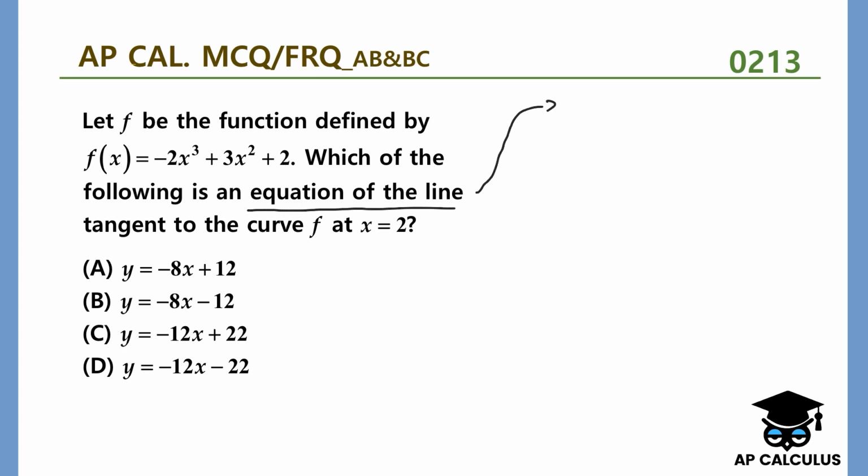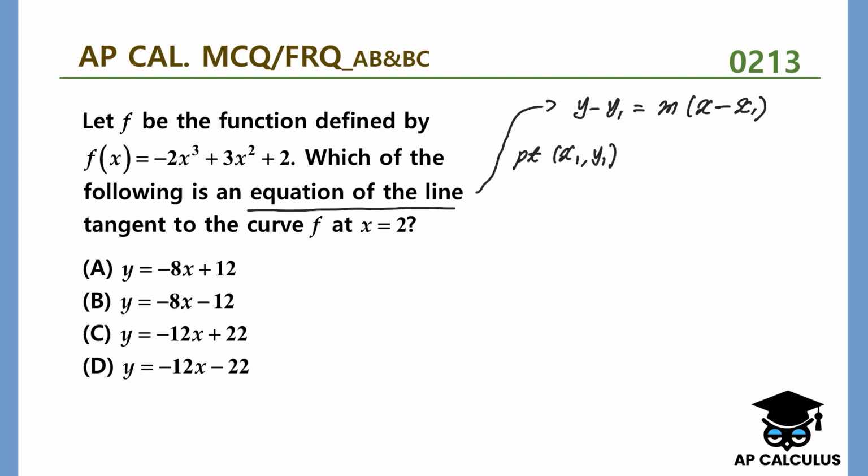If we use point slope form, that's y minus y1 is equal to slope m times x minus x1, right? And the point is x1 comma y1, and m is our slope. Here, this is a tangent line equation, the equation of the tangent line.